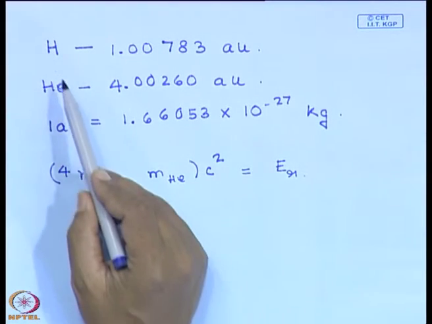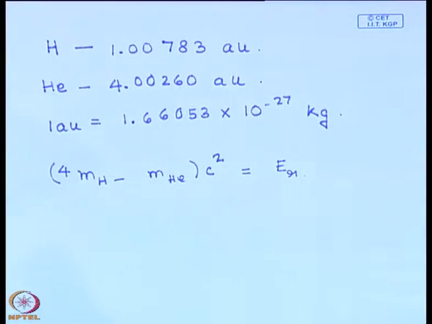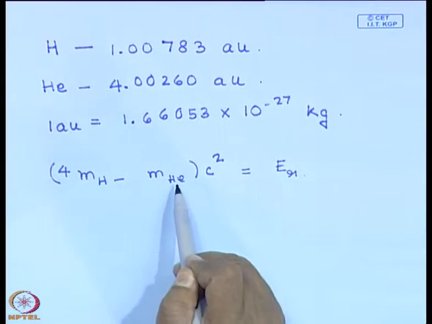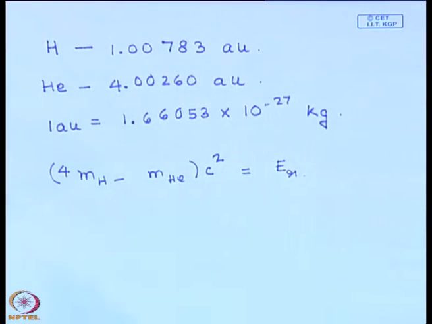The electron also gets annihilated in that process, one of the electrons in the hydrogen atom. Finally, you start off with 4 electrons, you are left only with 2 electrons. So, all of this mass is converted into energy.